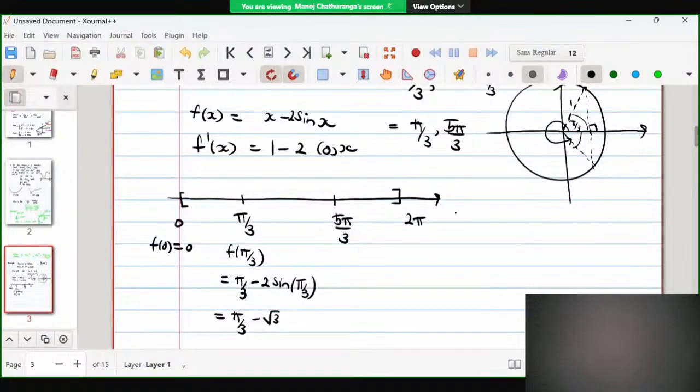And let's compute f of 5 pi by 3. Again, this is 5 pi by 3 minus 2 sine 5 pi by 3. Over here, for pi by 3, the y coordinate is square root 3 divided by 2, right?